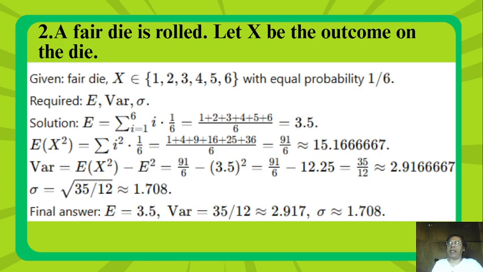So our final answer: our E is 3.5, our variance is 2.92, and our sigma is 1.708.